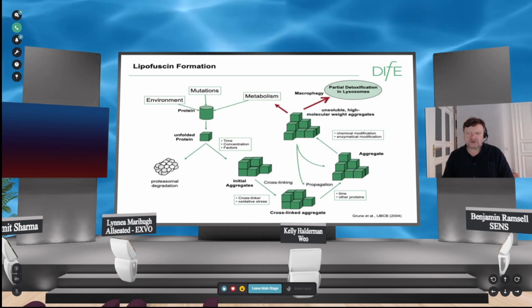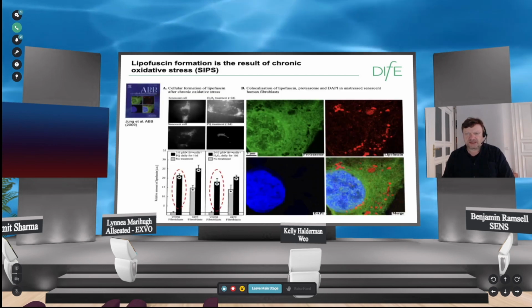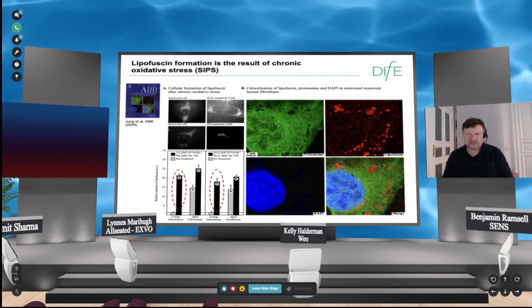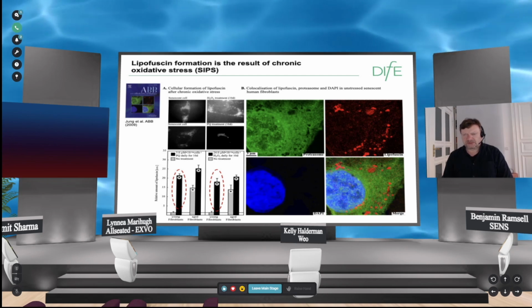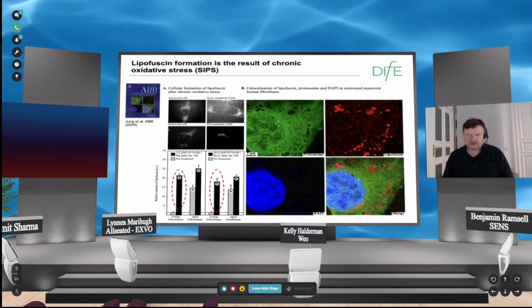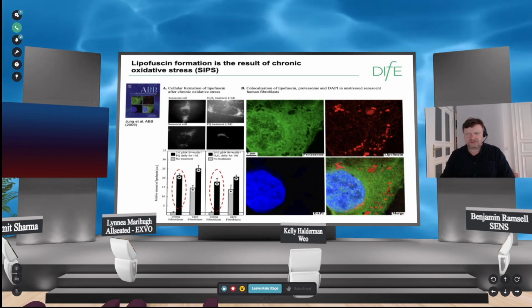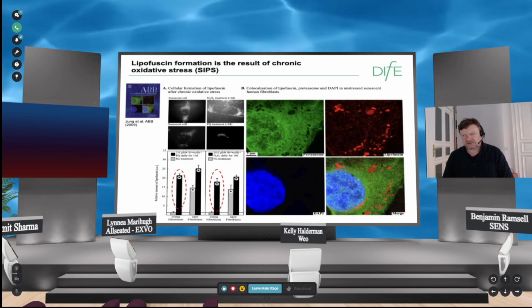So if you look at a cell which accumulated protein aggregates, in this case again a fibroblast, you see here in the upper right hand, these red dots, this is the lipofuscin. And you see clearly it's not evenly distributed throughout the cell. And if you stain here in green, that's the cytosolic staining.